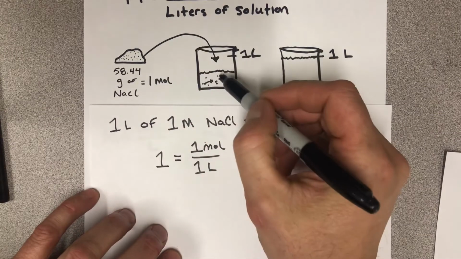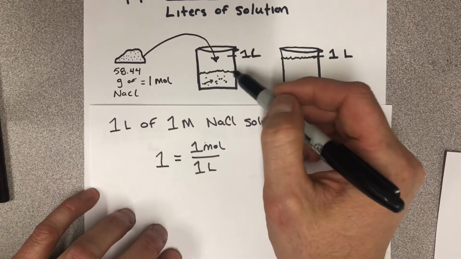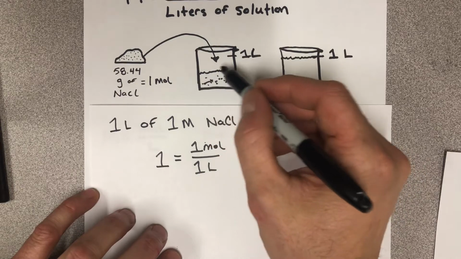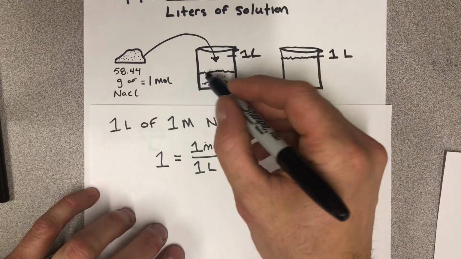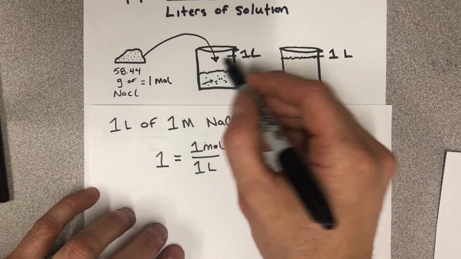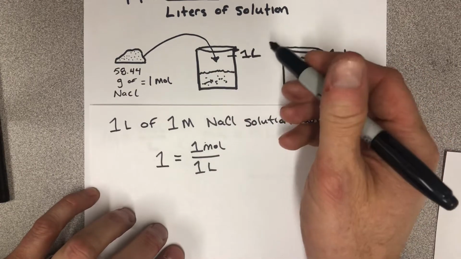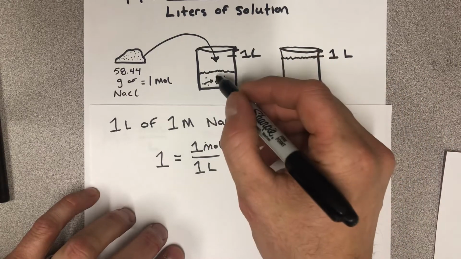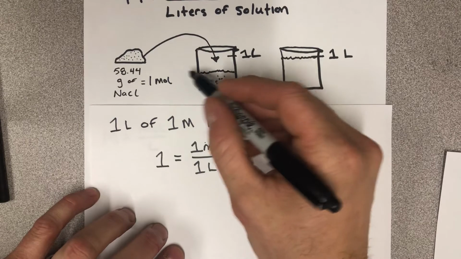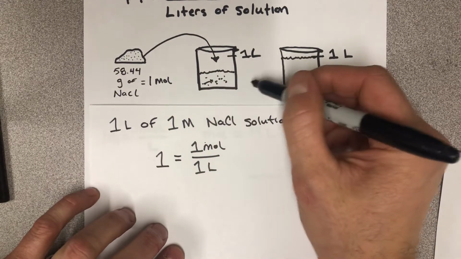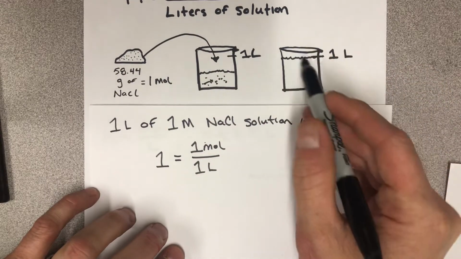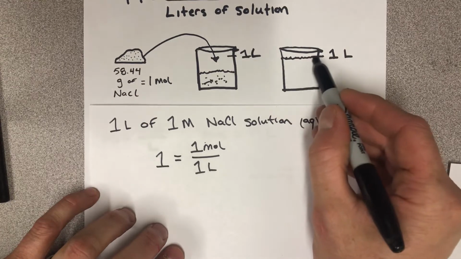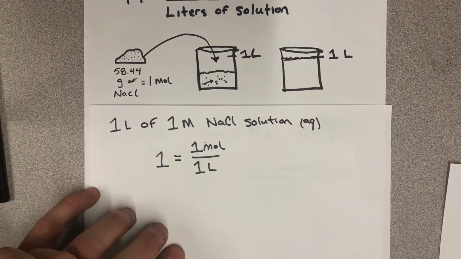That goes into the beaker that we're going to make our solution in, and then dissolved in some amount of water. It doesn't really matter how much, as long as it's not 1 liter, or certainly not over 1 liter. The idea is that we try to get all the salt dissolved, and then add enough water to bring the final resulting solution up to exactly 1 liter.